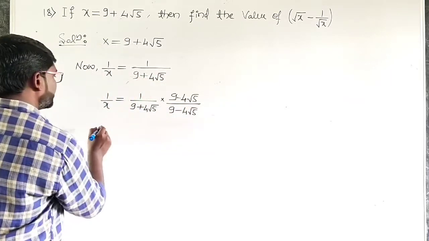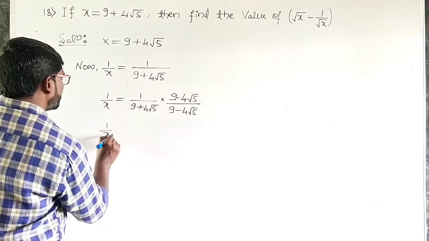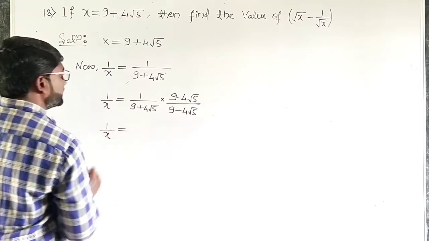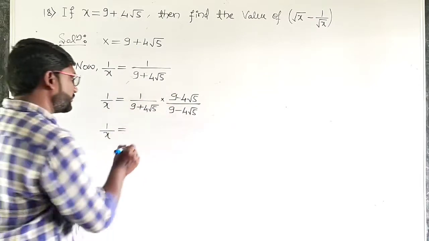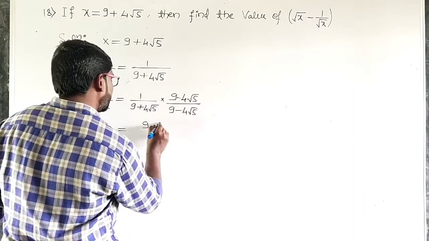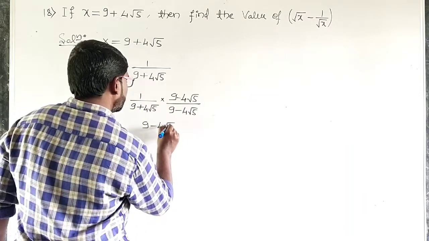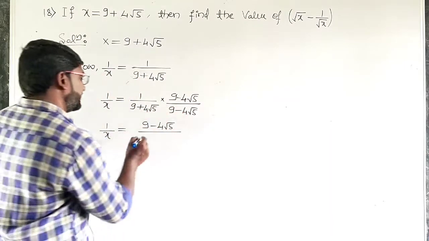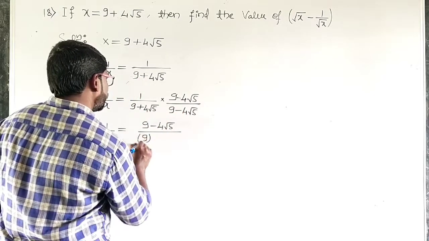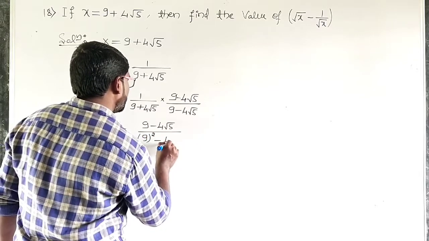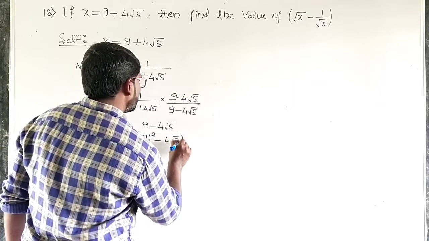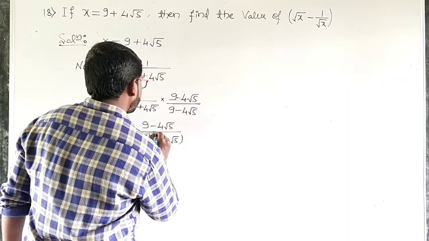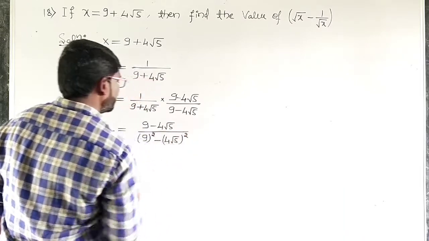Now 1 by x is equal to, here 1 into 9 minus 4 root 5. I write the 9 minus 4 root 5 as it is, then divided by a plus b into a minus b, which is 9 square minus 4 root 5 the whole square.